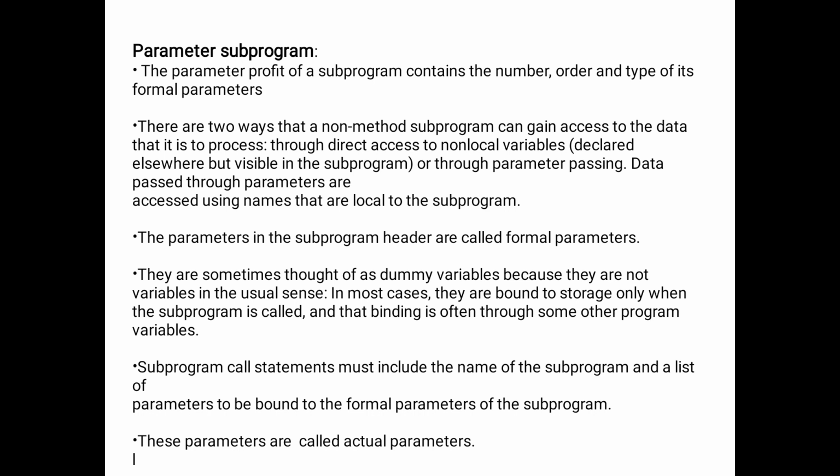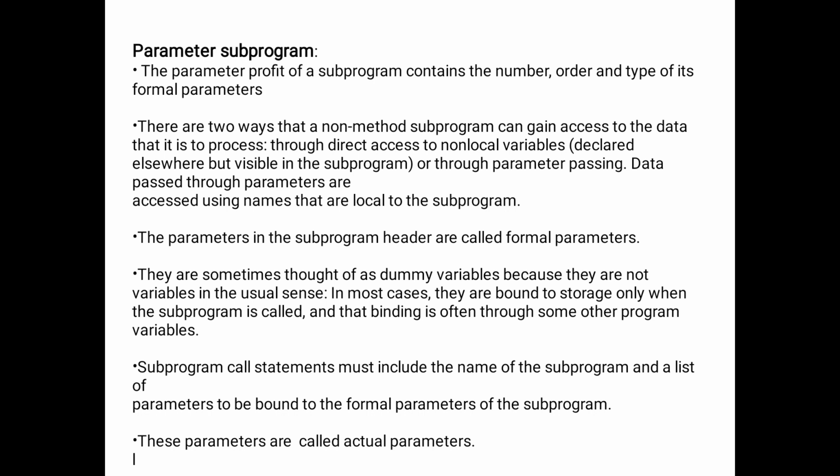In most cases, they are bound to storage only when the subprogram is called, and that binding is often through some other program variables. Subprogram call statements must include the name of the subprogram and a list of parameters to be bound to the formal parameters of the subprogram.